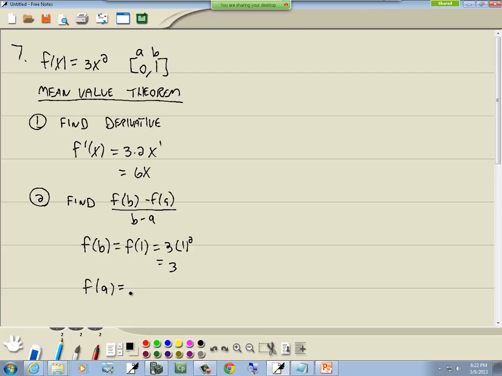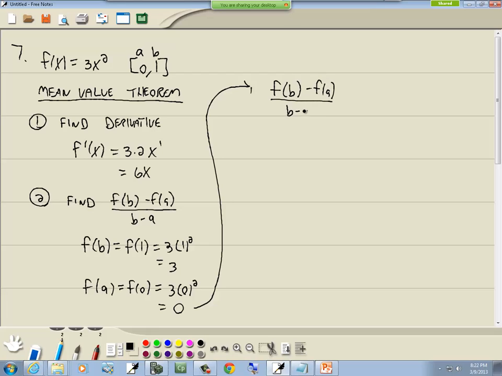F of a is equal to f of 0, which is equal to 3 times 0 squared. 0 squared is 0 times 3 is 0. So now f of b minus f of a over b minus a. F of b we just said was 3 minus f of a, which is 0, over b minus a. So 1 minus 0, which would give us 3.